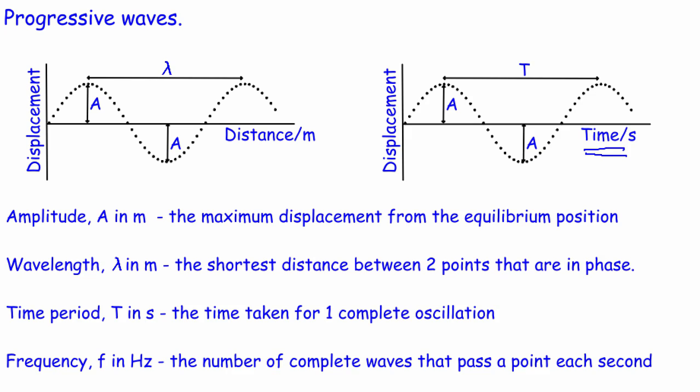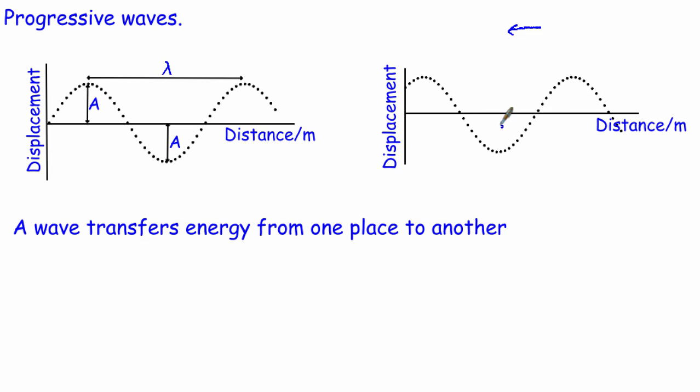So if we go back to our animation, let's say we picked this point here and followed it. We would start our stopwatch when it got to the equilibrium line, and then measure the displacement at certain times after that, and then we would plot this graph here.